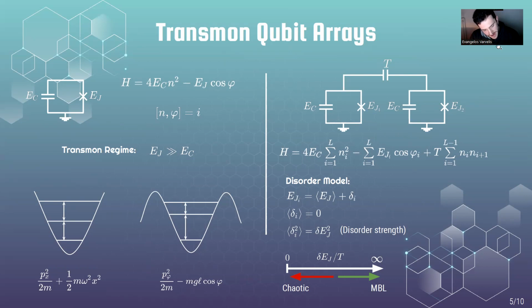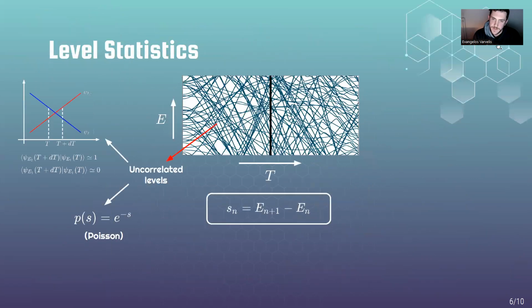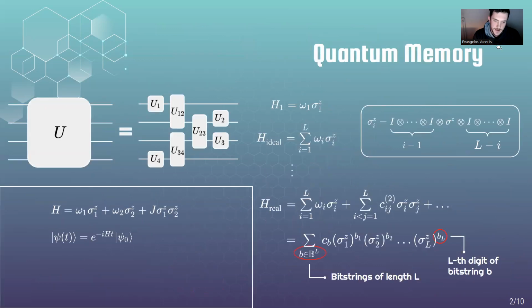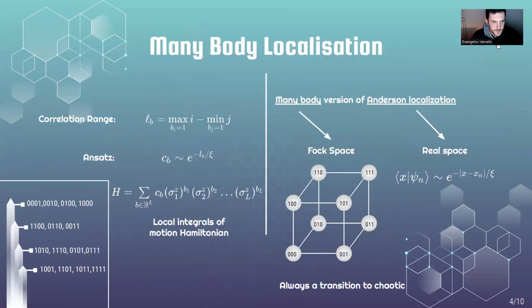You have two ways of entanglement entropy changing. You can understand them by looking at this one.